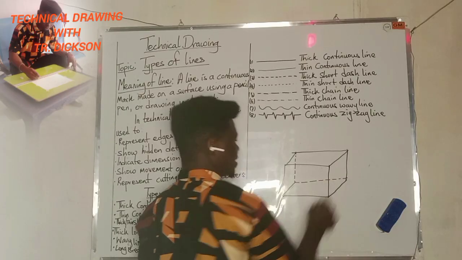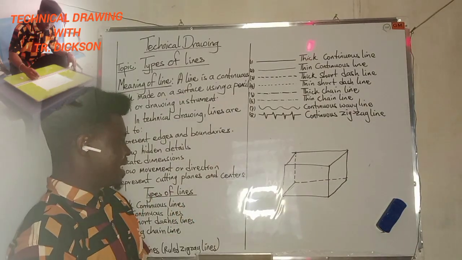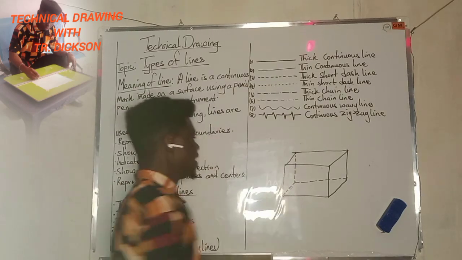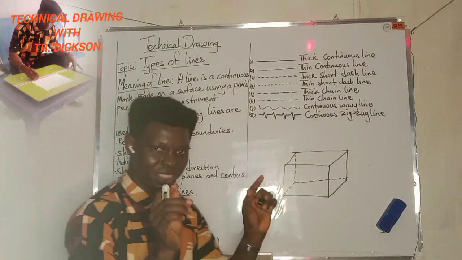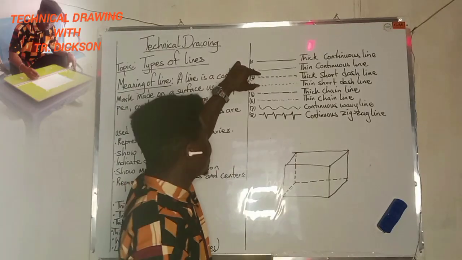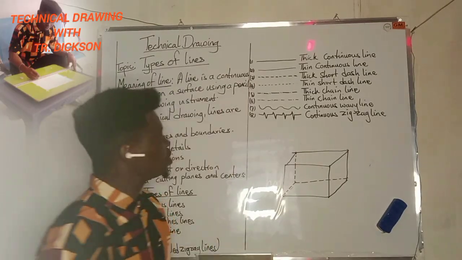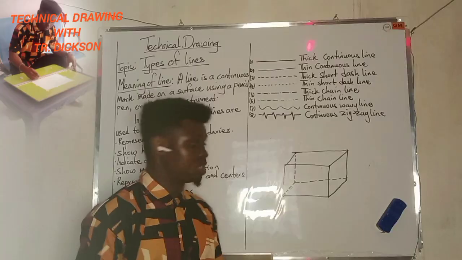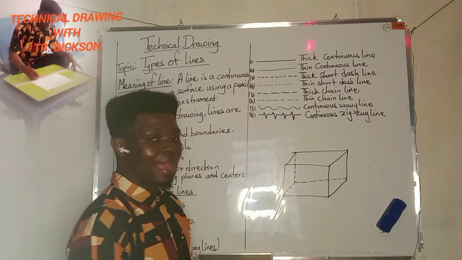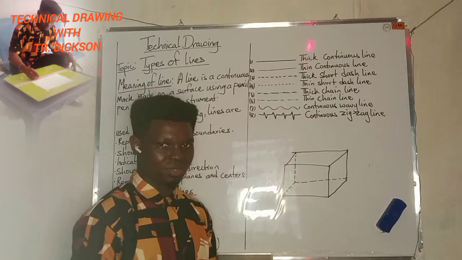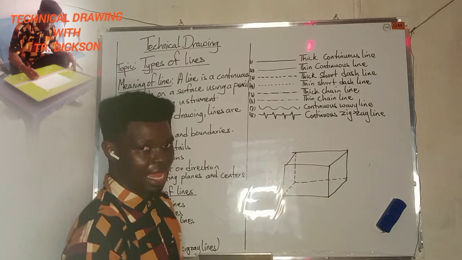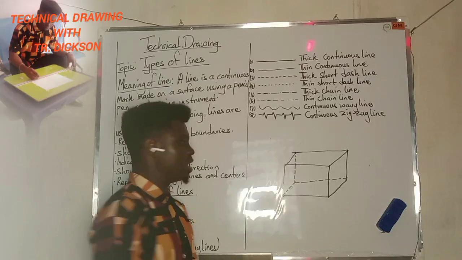So now look at that. The areas I've just indicated with short dashes are hidden. So when you are using these two lines, the thick short dashes and the thin short dashes, you are using them to represent hidden details. Can be outline, hidden details, or hidden edges. Right, so that is what they are used for.